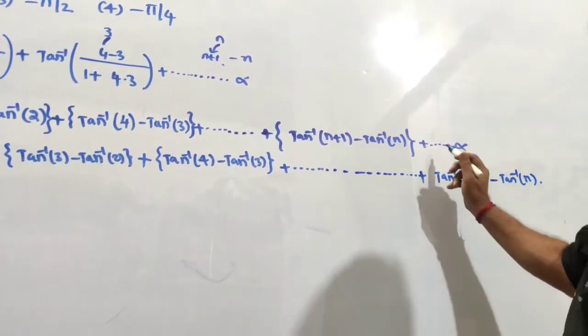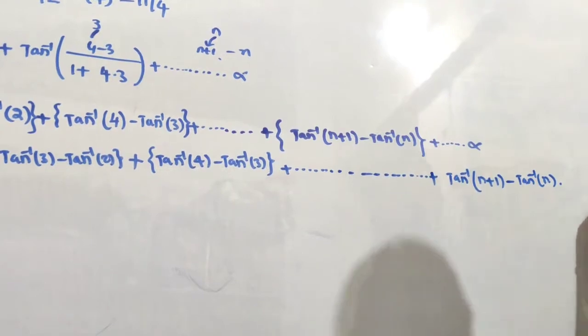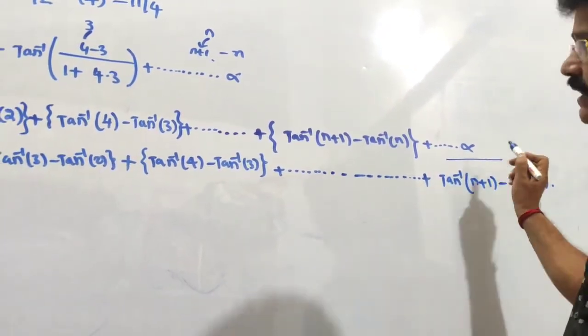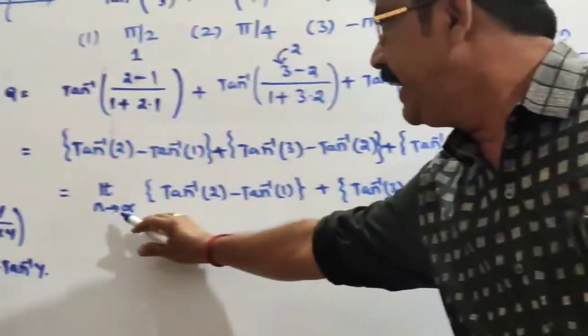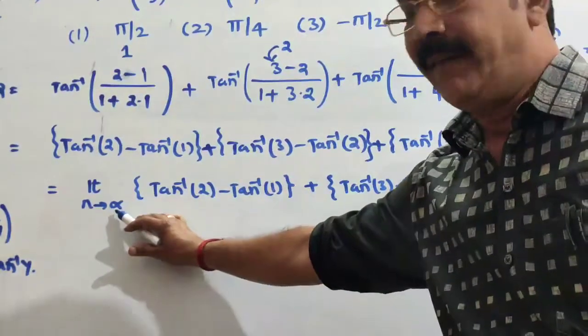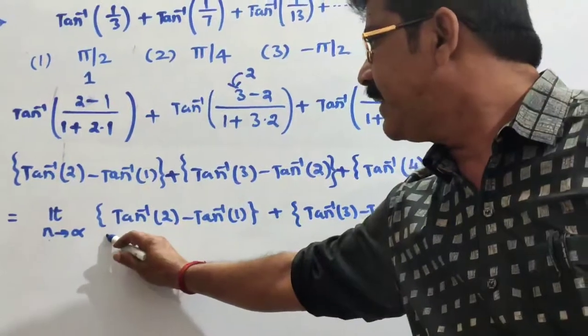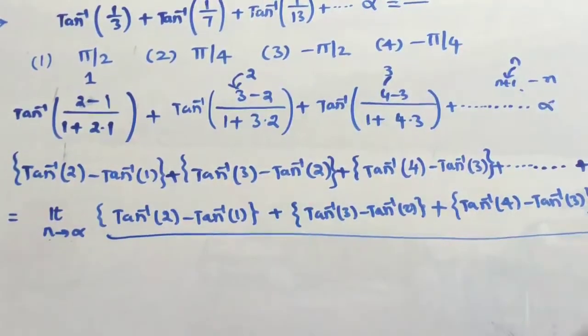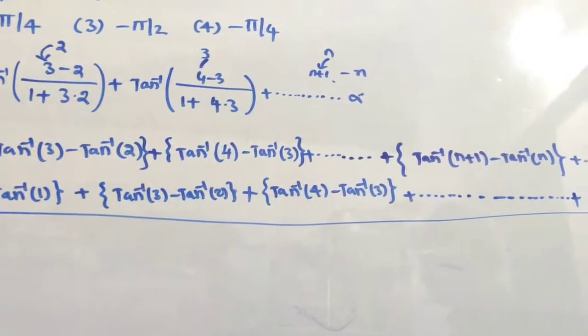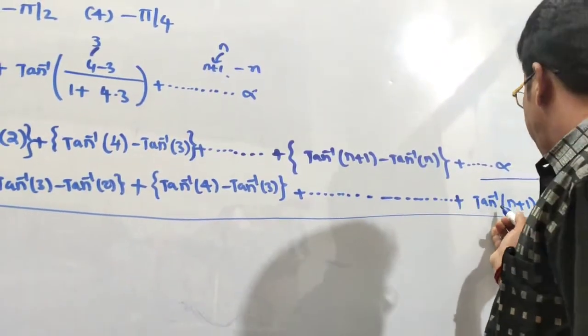We need not write and so on, because instead of this infinite concept, I wrote already limit n tends to infinity. Whenever we are taking n tends to infinity, it is enough to write only n terms. Next, what is its preceding term?